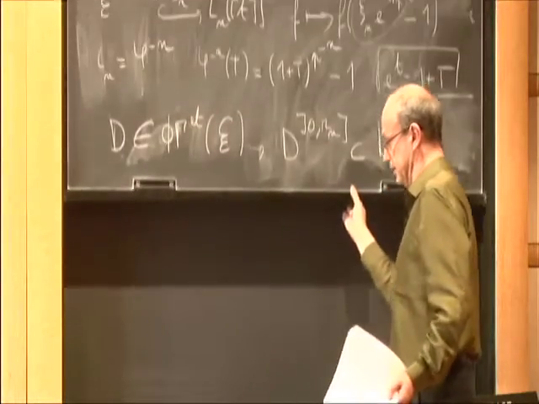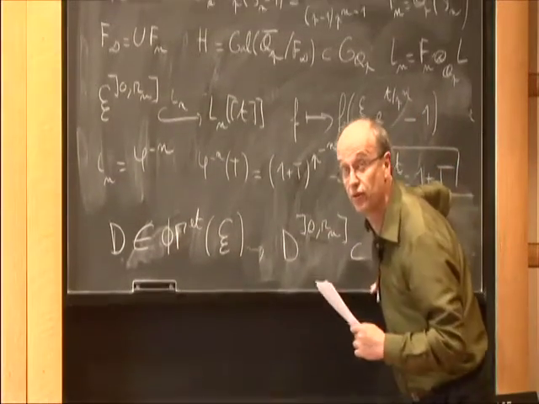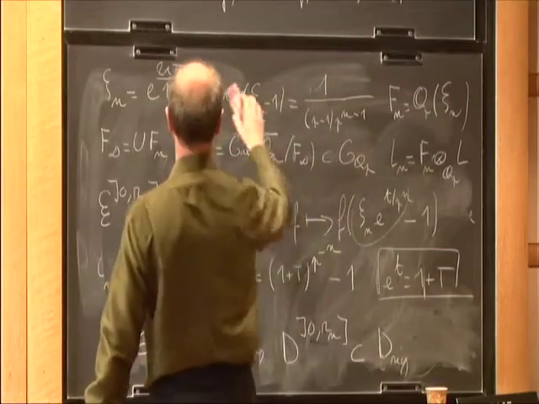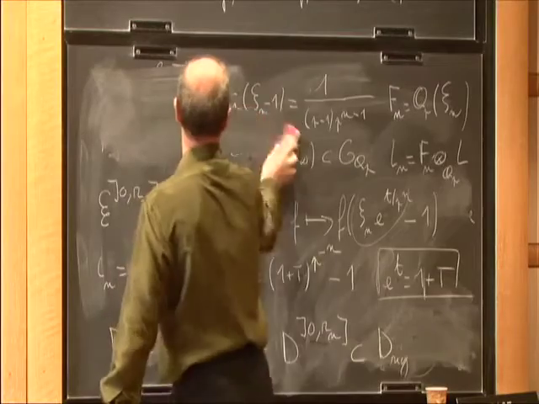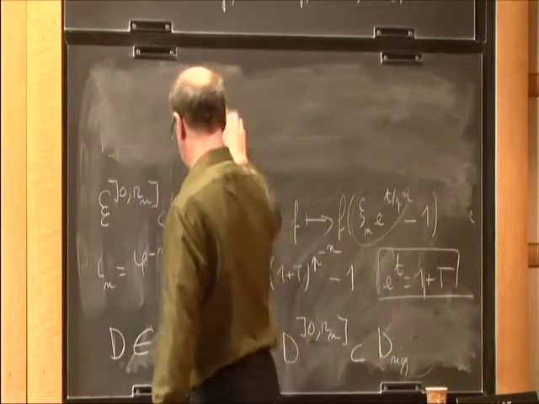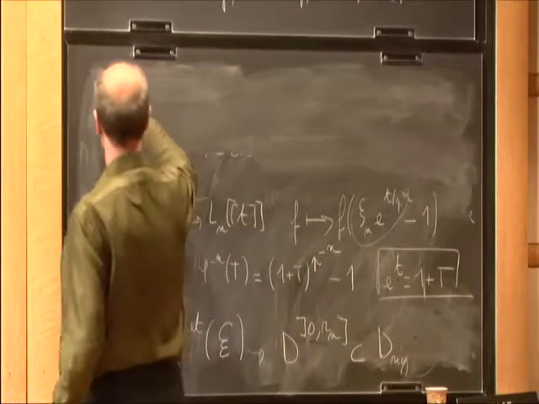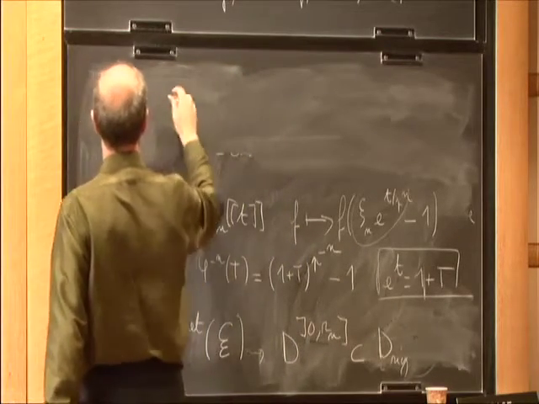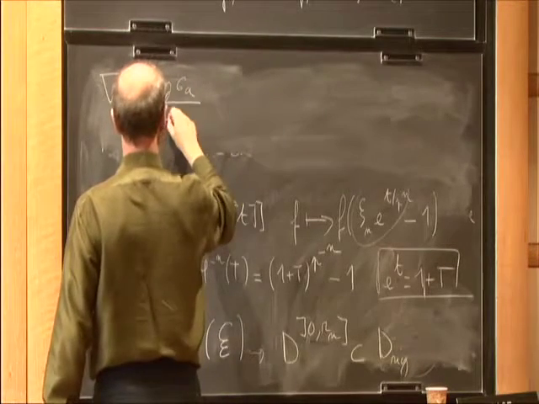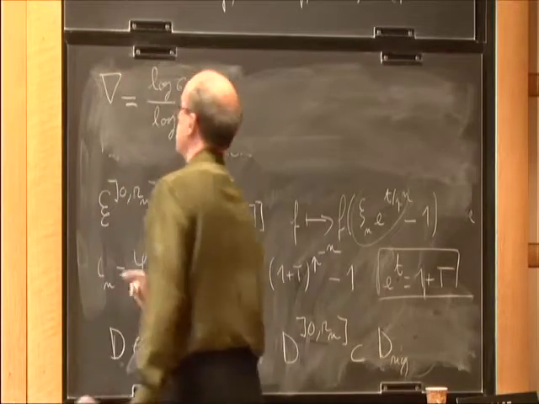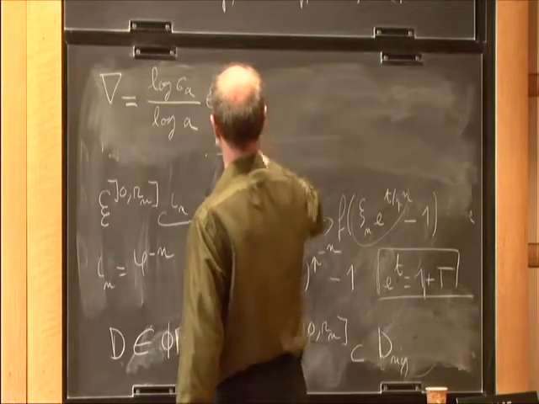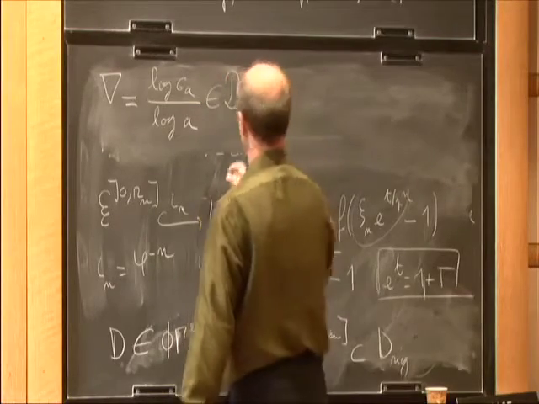And now, this construction allows you to define the Sen operator. So you define an operator nabla to be log of sigma_a over log a. This is an operator which lives in the distribution algebra on the group Gamma.